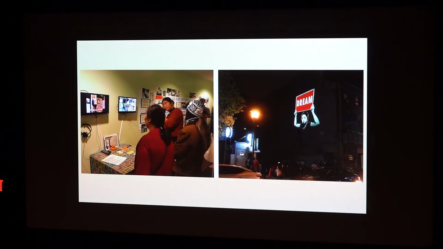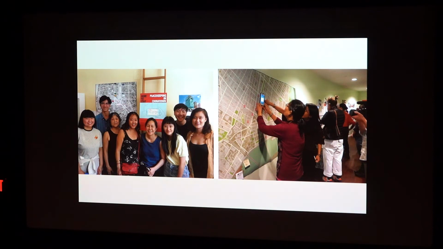So they do projection mapping. This is a project called Home to Stay, Housing for People Mapping Project, and it's a collaborative critical mapping project centering on placekeeping efforts in Chinatown and the Lower East Side.